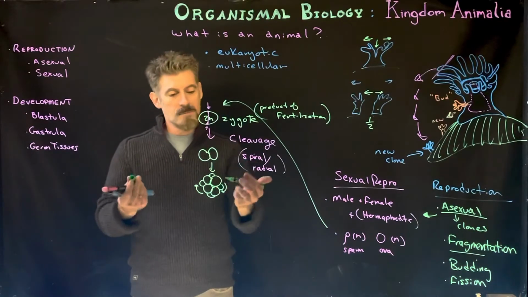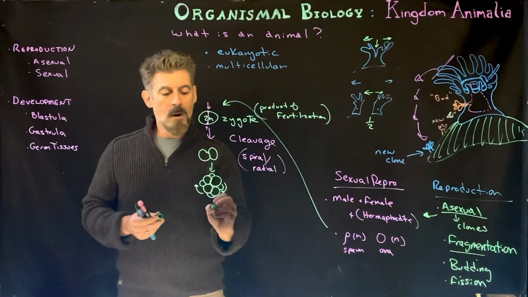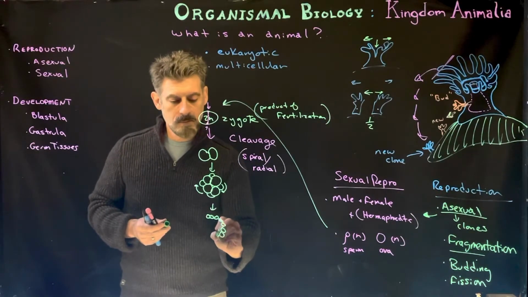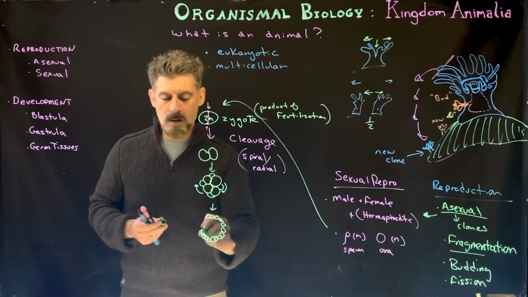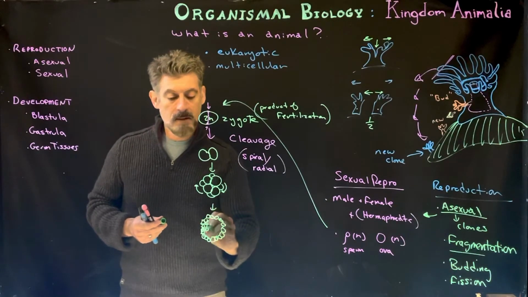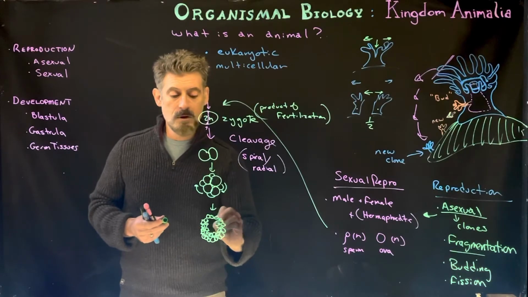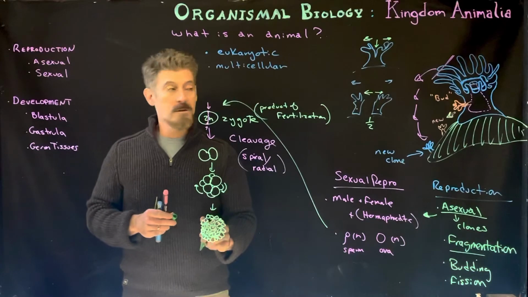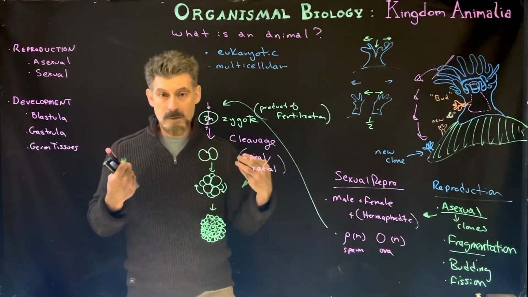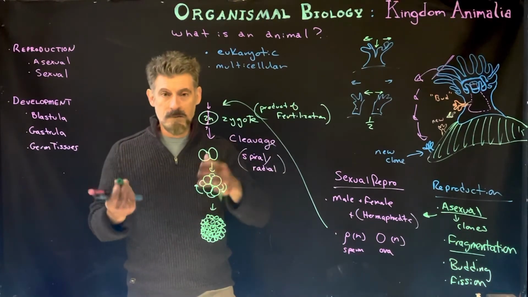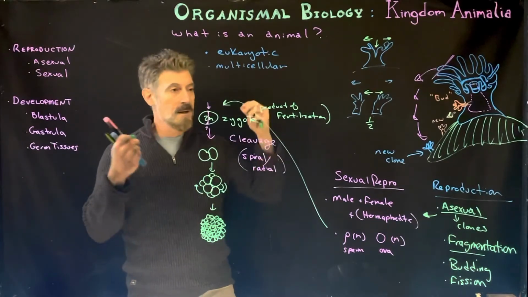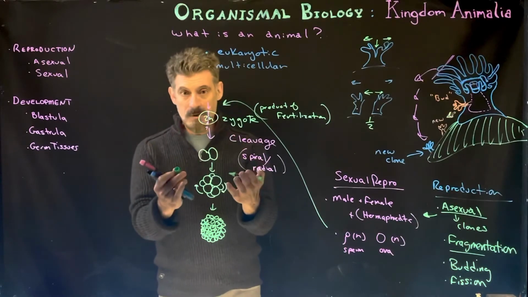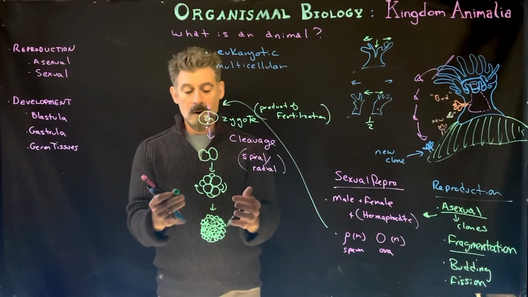But generally we have this process that eventually results in a ball of cells. And this ball of cells that we see in most all animals, from the sponges, which are not necessarily even true animals because they don't have true tissues, to cnidarians, to humans, to everything in between, invertebrates, worms, snakes, and birds, typically forms some cleavage pattern and then a blastula, a ball of cells.